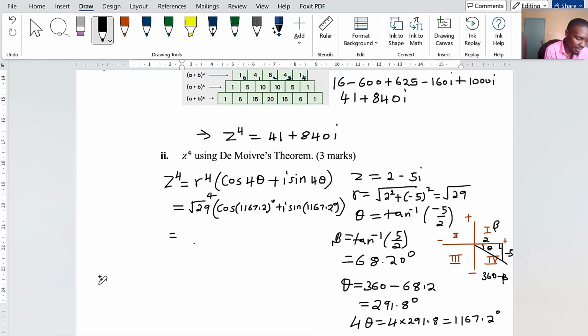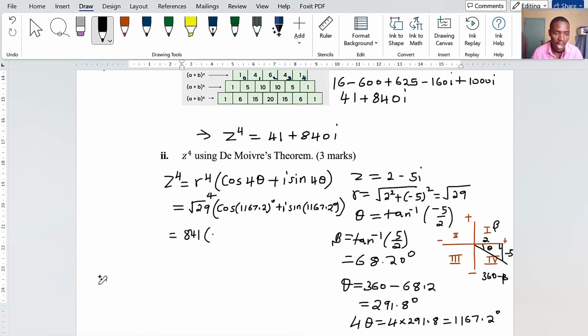So what do we have to expand? We have, open the bracket, root 29, close the bracket, then power 4. When you do that, you get 841 into cos 1167.2.